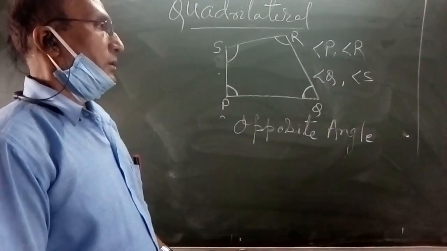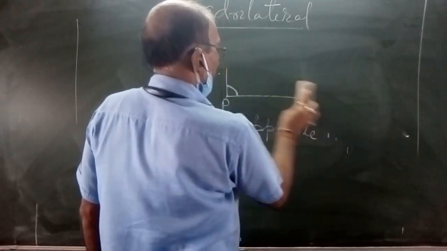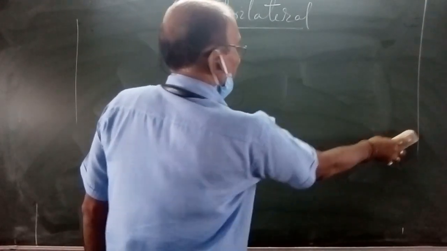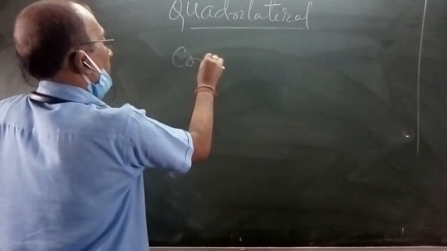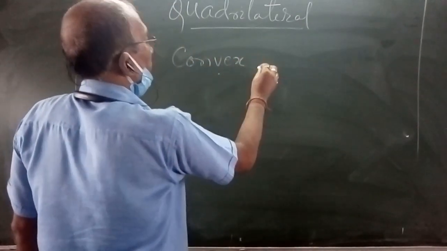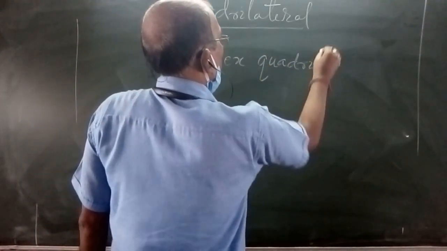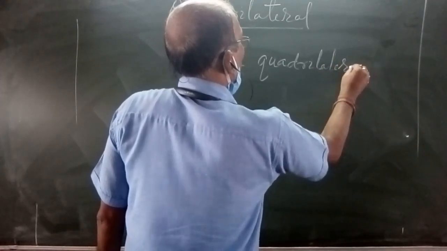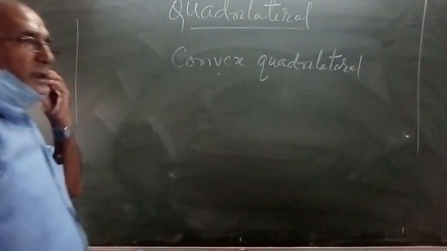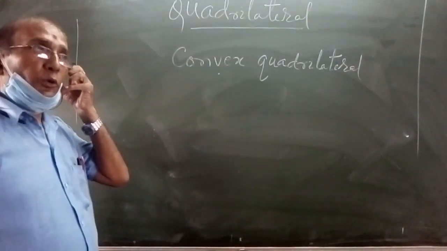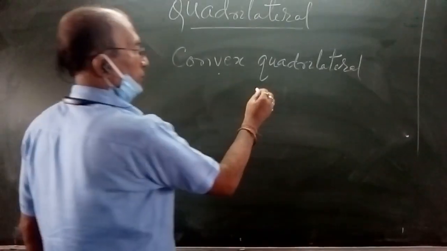Another is convex quadrilateral and concave quadrilateral. Convex quadrilateral. What is convex quadrilateral? We know in a quadrilateral there are four angles.